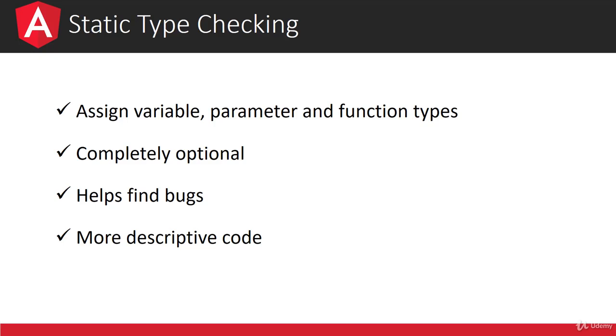And we can also change a variable from a string to a number. It's very dynamic, but it can be a good thing because it's dynamic and it's less code to write, but it can also be a bad thing because it makes your code less organized and it makes it more prone to errors. With TypeScript, we can define types for our values.